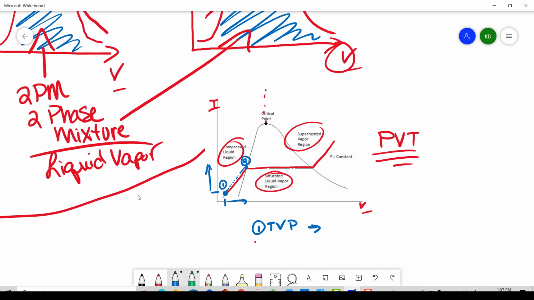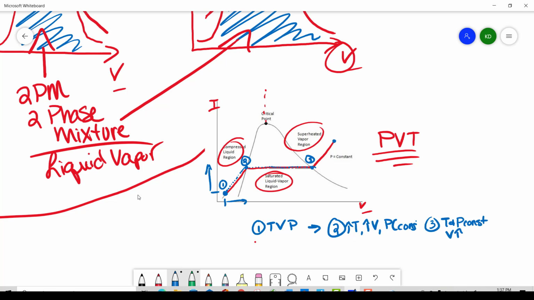And so then when we go to state 2, we would have an increased T, an increased V, but P would be constant, right? Because we're on a constant line. And then when we're heading through this two-phase mixture, let's say at 3, we're right here, okay? Your T and P would be constant, but your V would increase.